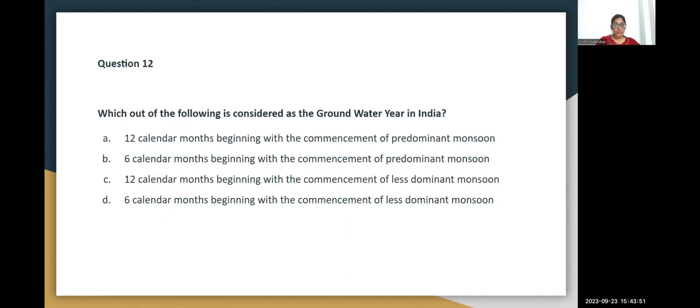Okay, moving on to the next question. Which out of the following is considered as a groundwater year in India?